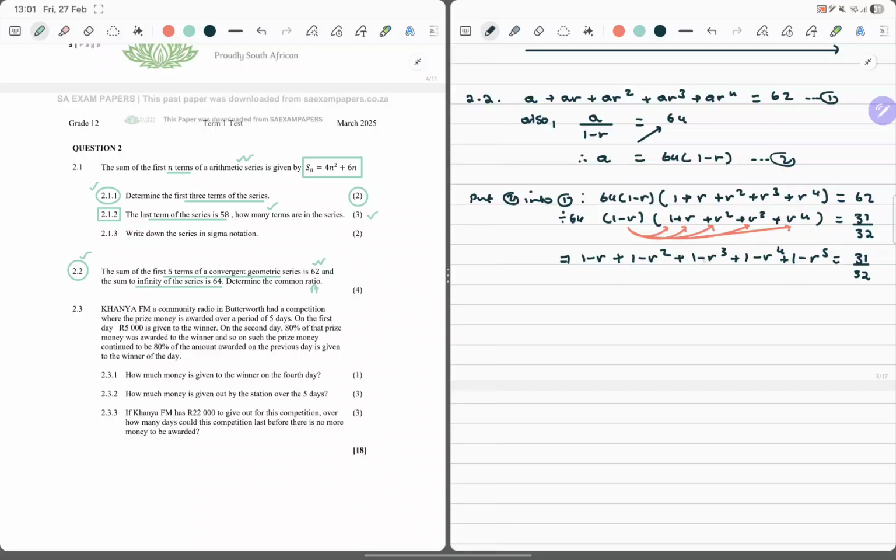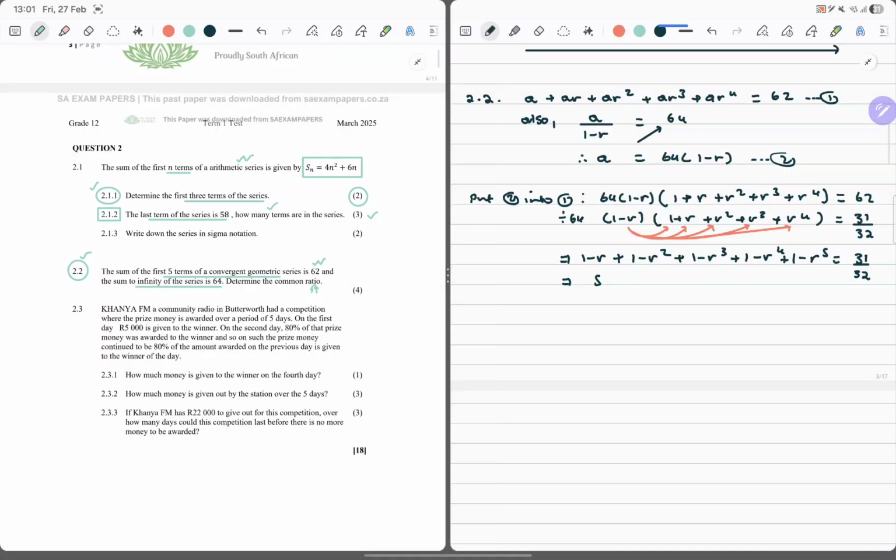How many? 1, 2, 3, 4, 5. So we've got 5, right? And then my problem now is that our r is not doing the r things. What happened? Did I miss something? Did I or did I not?